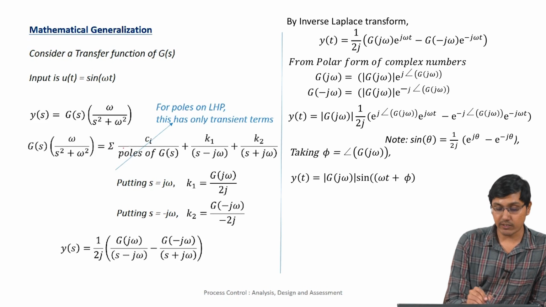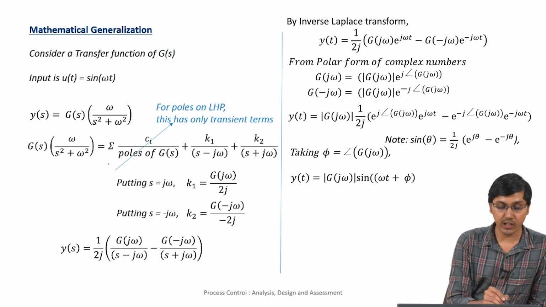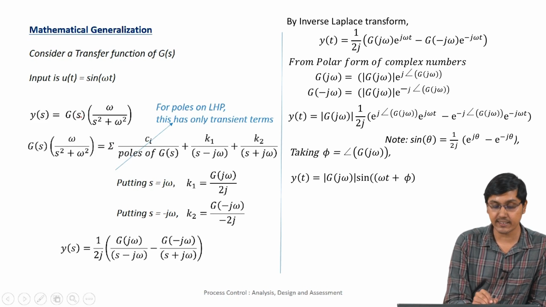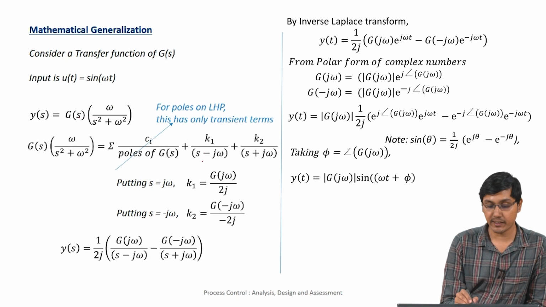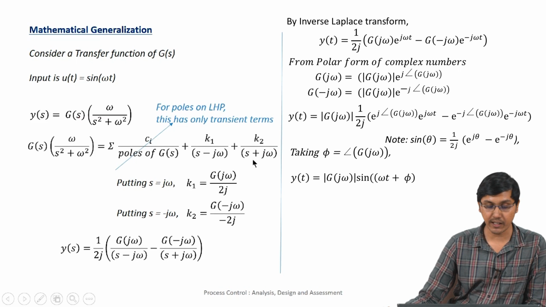If we solve it into partial fractions, we get a constant by s minus each pole of g of s, and then the remaining term becomes k1 by s minus j omega plus k2 by s plus j omega.